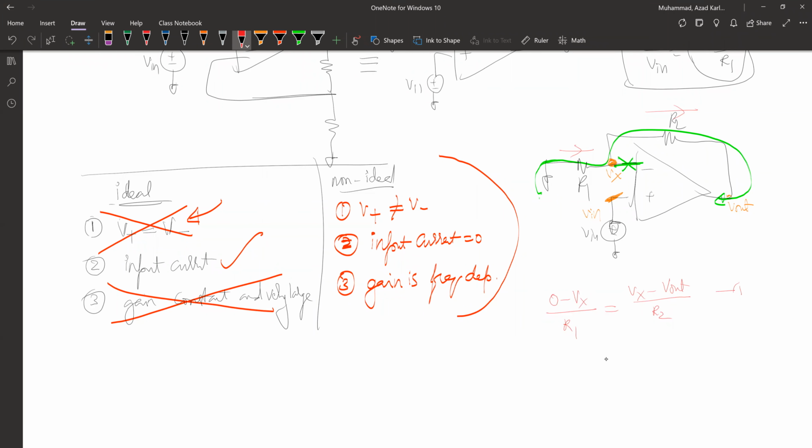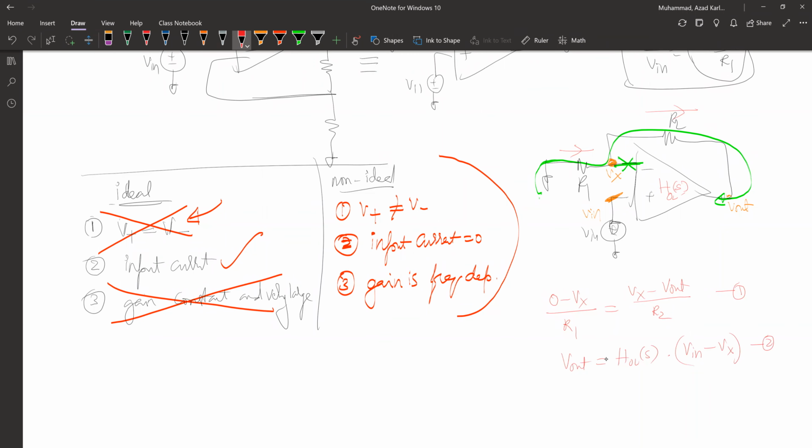That's our first equation. The second equation is just the op-amp's equation. Remember, the gain of this op-amp is no longer A, which is constant, but the open loop gain, which is frequency dependent. So V out is not A times the input difference, but the open loop gain times the input difference, which is V in minus Vx.